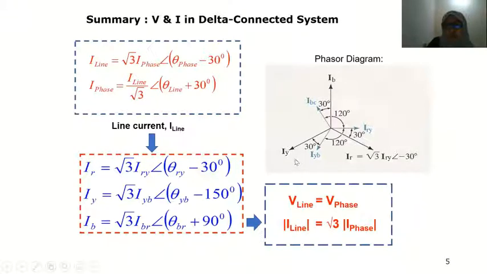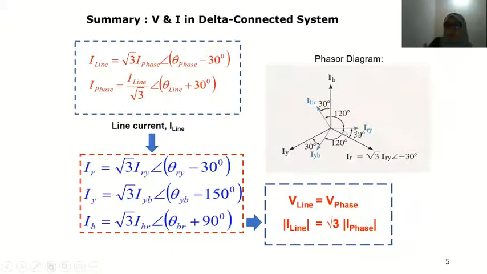Also for your IY, the magnitude is square root 3 larger than your IYB, but lagging by 30 degree with your IYB, which is your phase current here. And for your IB line, you have a current larger by square root 3 than your IBR, lagging by 30 degree with your phase current IBR here.